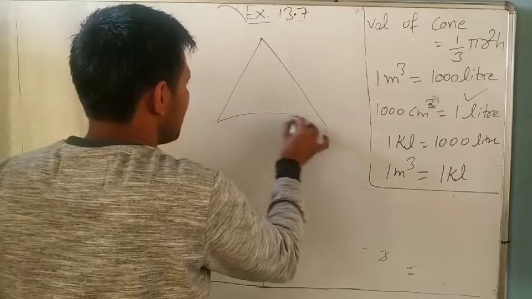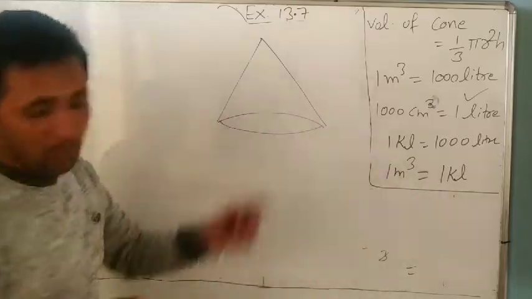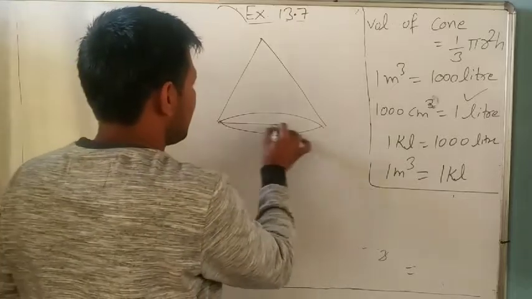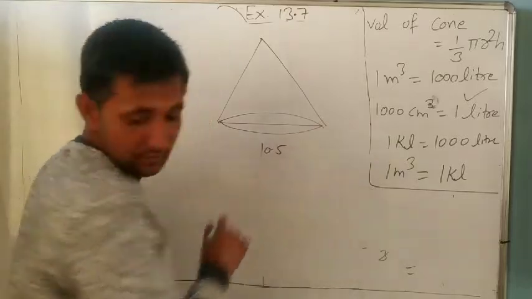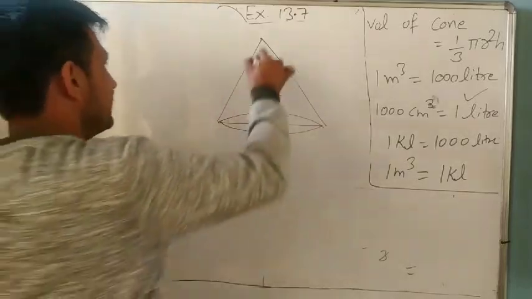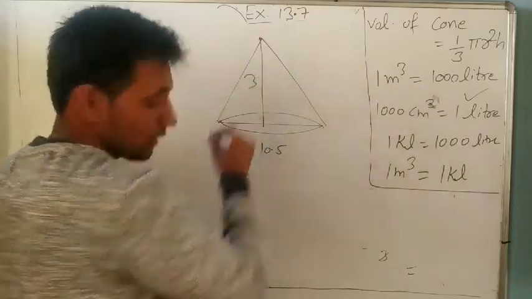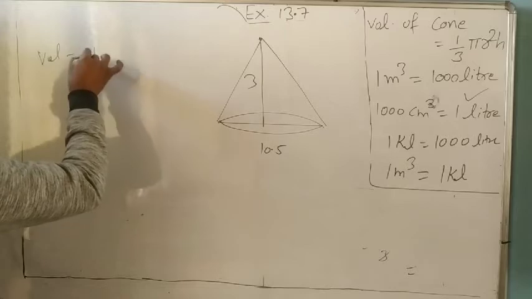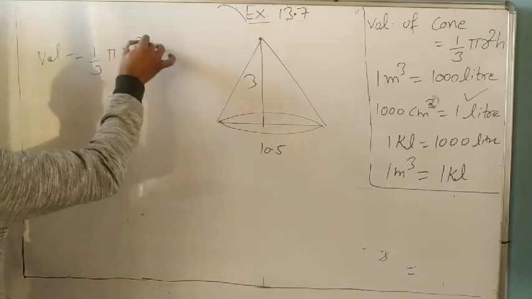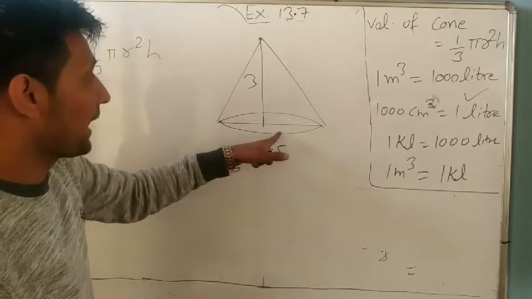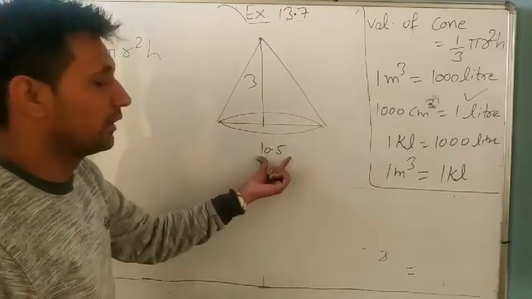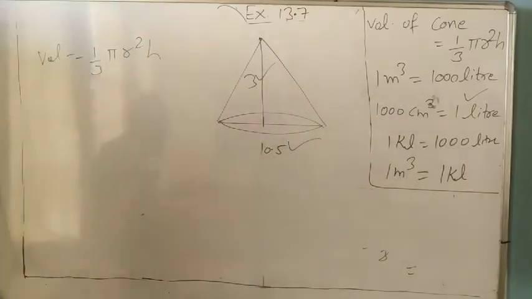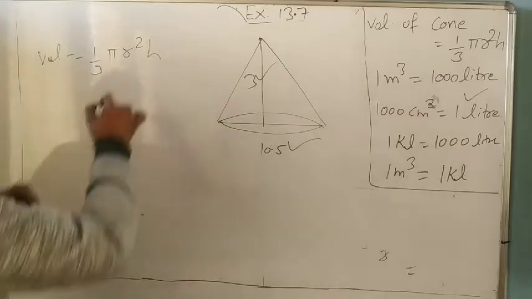A heap of the wheat in the form of a cone whose diameter is given 10.5 and height is given 3. So we have to find the volume. What is 1 by 3 pi r square h. 1 by 3 you know, pi you know, r, the diameter is given so we can find r, and h is given. Yes. First we will find its volume.